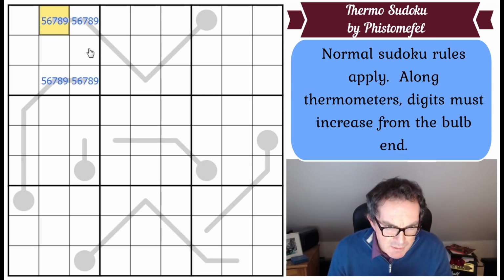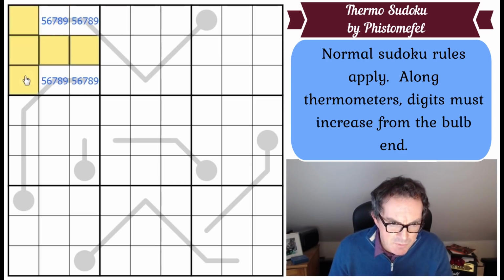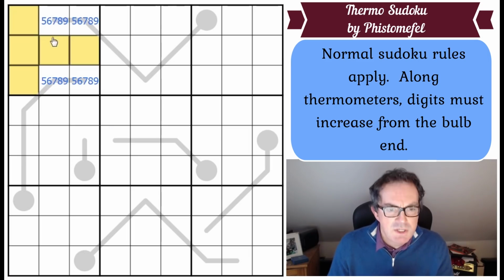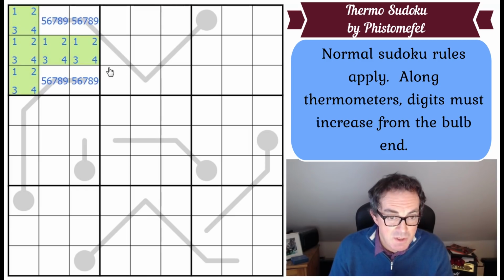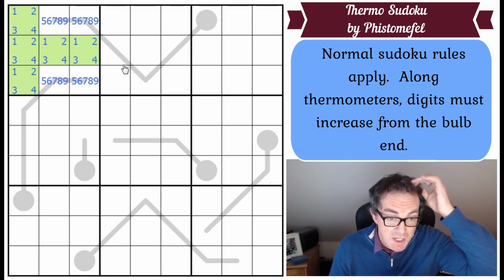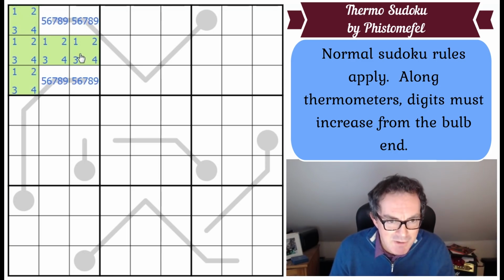Now, the reason that might be interesting, look, is that in this box, in box 1, we have to put the digits 1, 2, 3 and 4 in this shape. I know it's a bit bizarre, but I'm actually tempted to highlight that, because that looks like an empty rectangle to me.